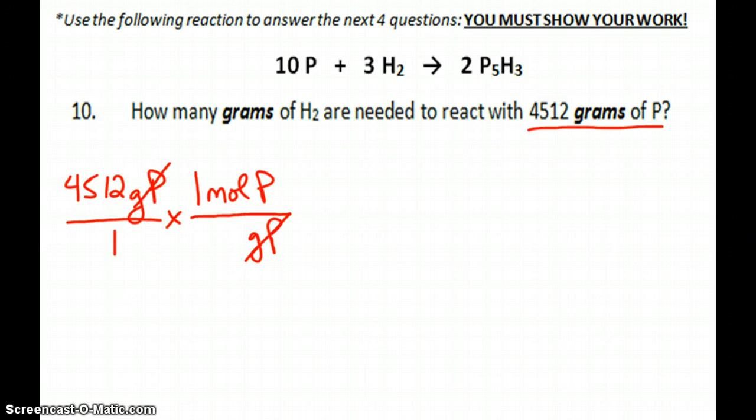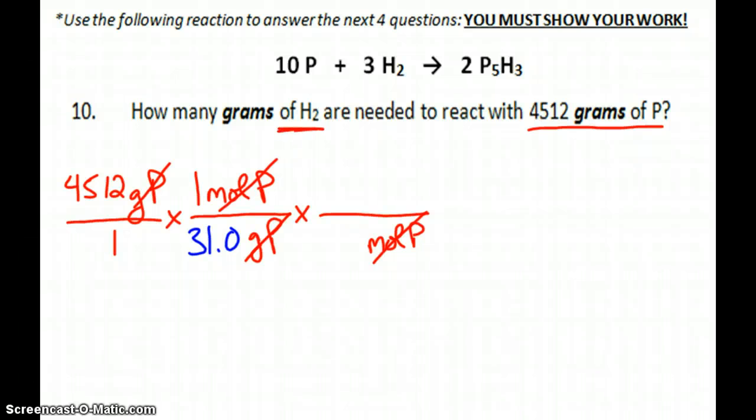And on the periodic table, phosphorus is 31.0. Now I need my mole ratio, because I need to change from moles of P, which has to go down here to cancel, to hydrogen. So I need to change to moles of hydrogen. And so I need my mole ratio.